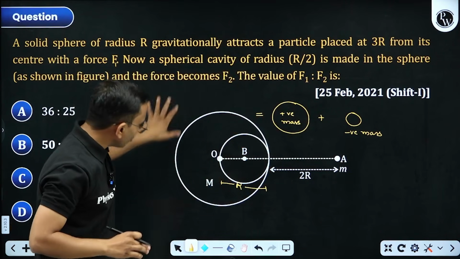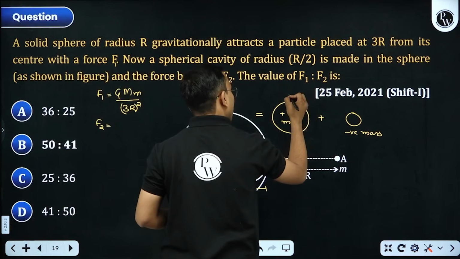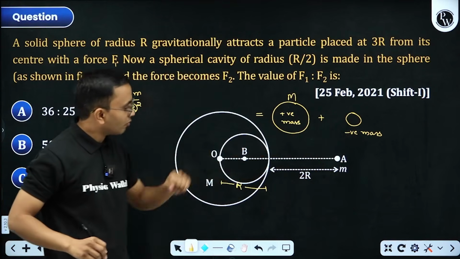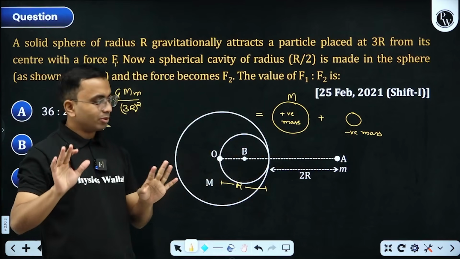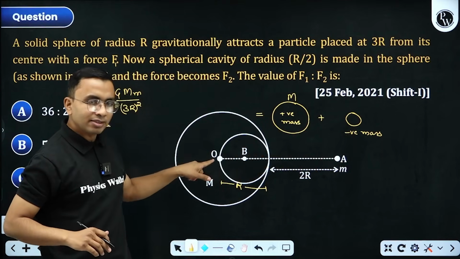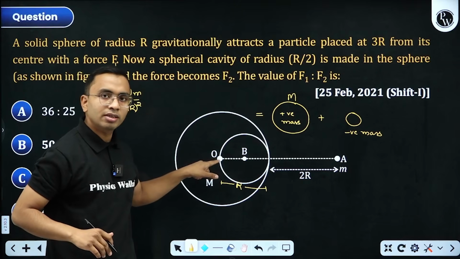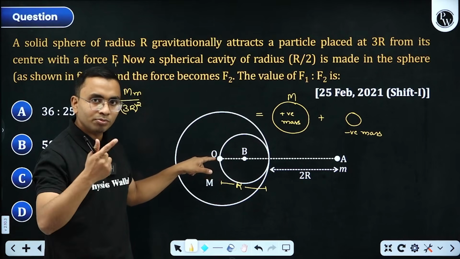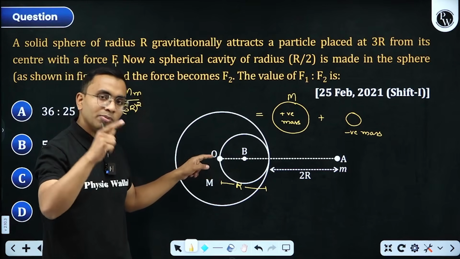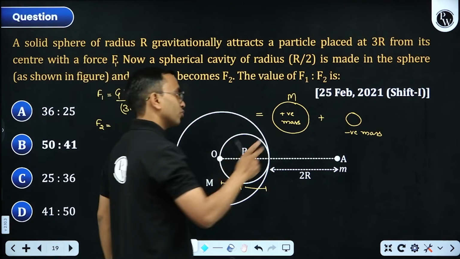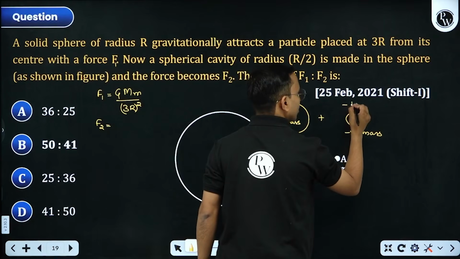This positive mass has mass m, so what will be the mass of this negative mass? How much is the volume? Density we will consider to be the same. For complete radius r the mass is m, for radius r by 2 the mass will be m by 8, because volume into density is constant. Volume becomes 1/8, which means mass becomes 1/8, so the mass of this is minus m by 8.